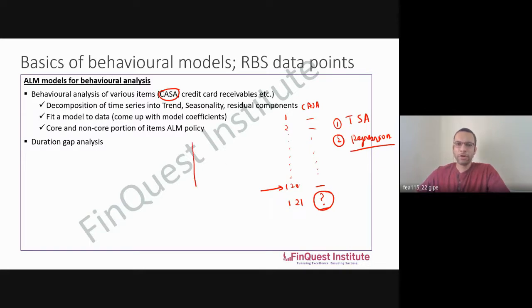Now, why do I say polynomial? Because generally your CASA balances would have a trend like this. Let's assume it's a healthy bank and it's growing. So let's say these are my CASA balances, and this is the time.